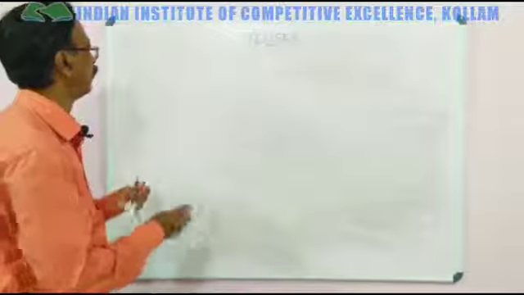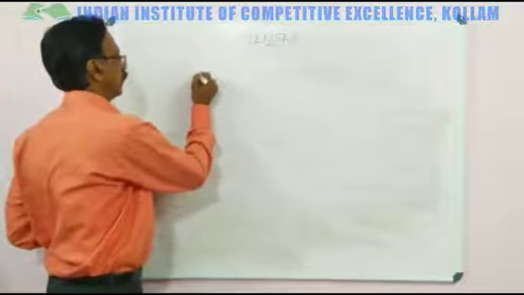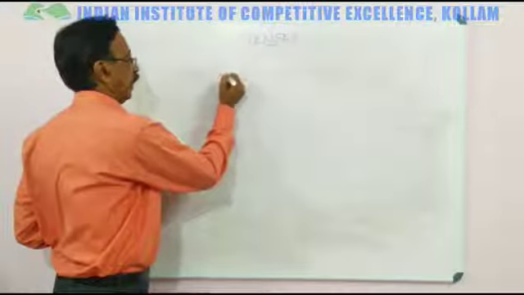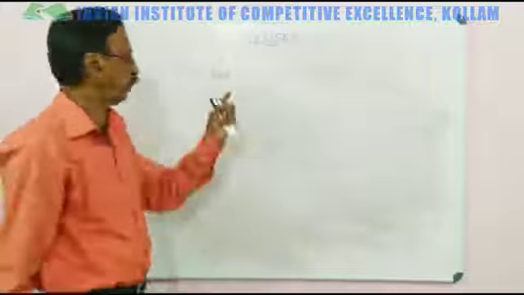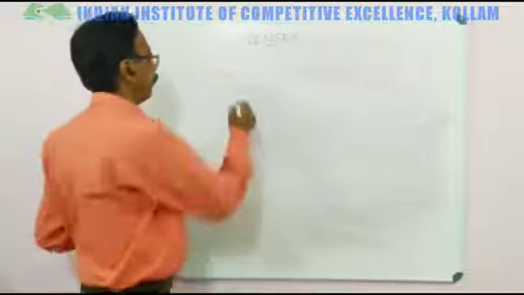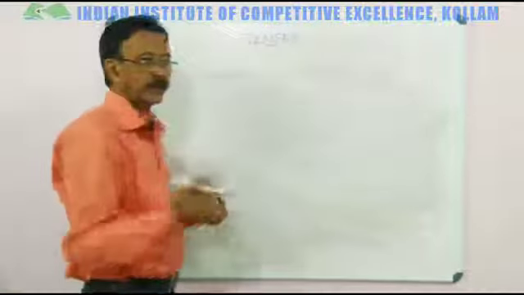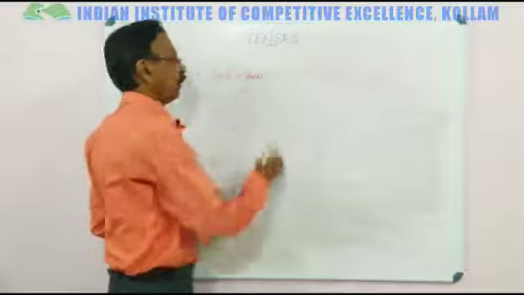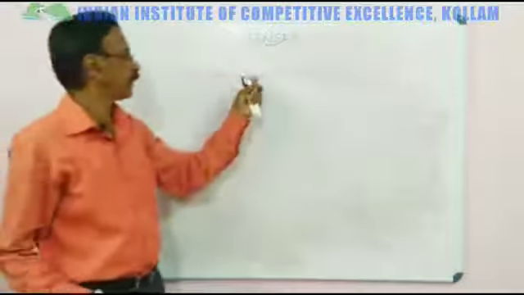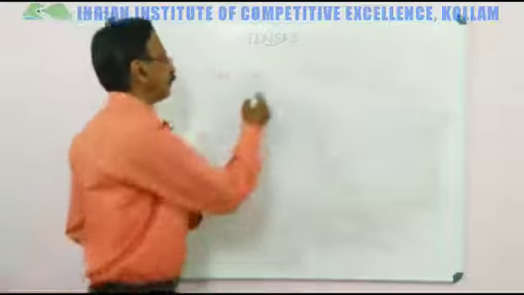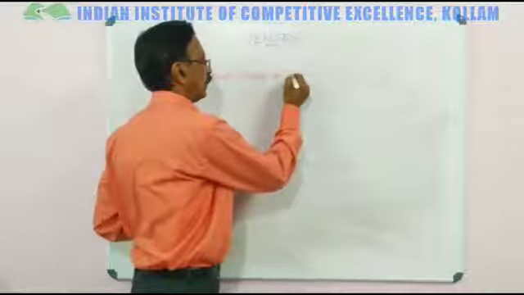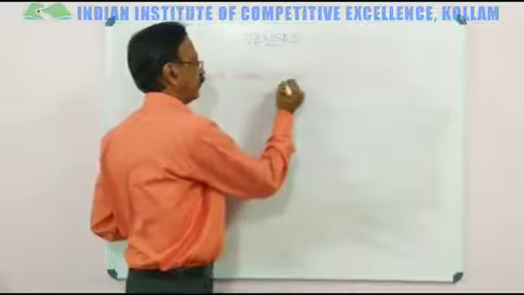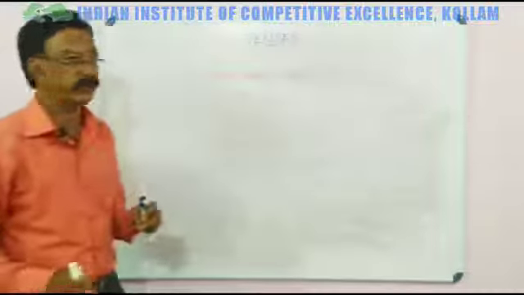So past perfect, subject plus had to show past perfect. For continuous we need been, as it is the perfect form. Past participle of be is been, and the verb should be in ing form.